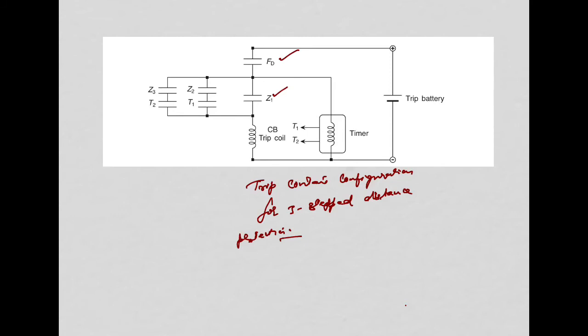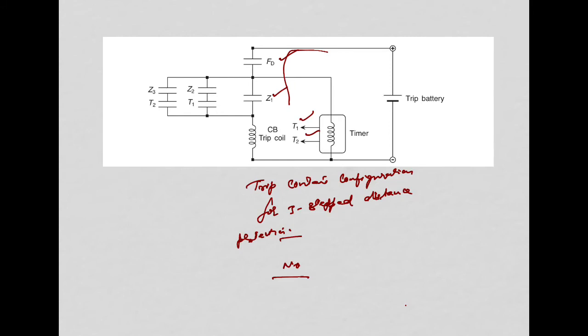The timer issues two outputs after it gets energized. The first output is after the elapse of time T1, and the second after the time T2. Both these outputs are in the form of the closure of normally open contacts, that is NO. Now, in case the fault is within the first step of the distance protection, the trip coil gets energized through the Z1 and FD contacts.